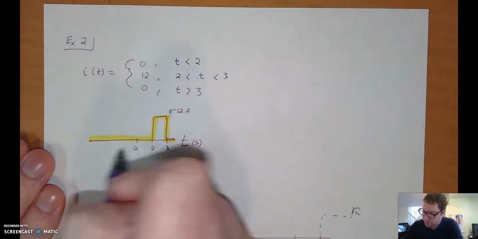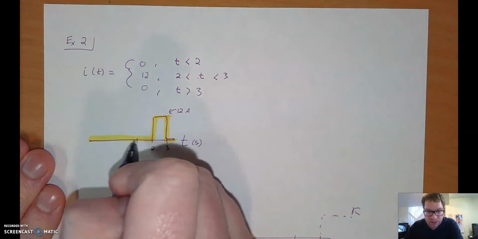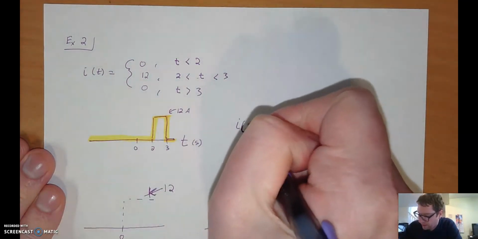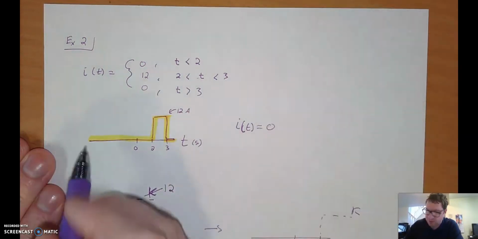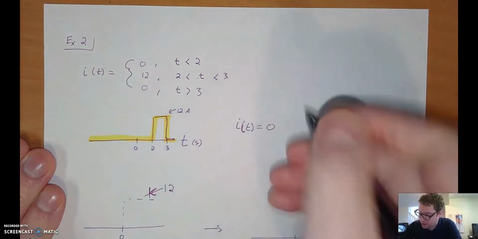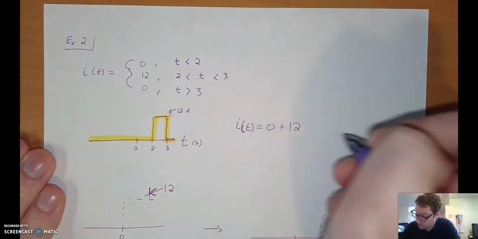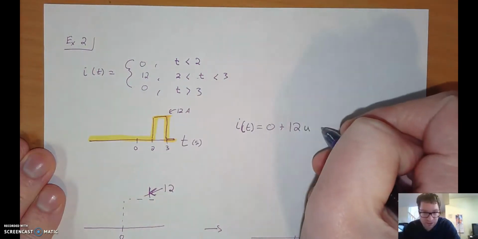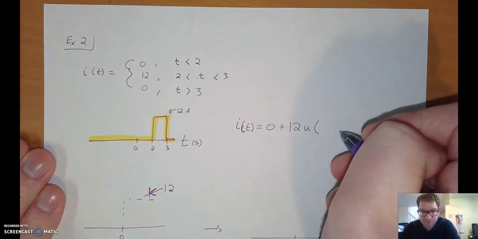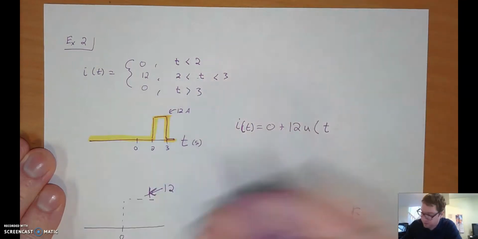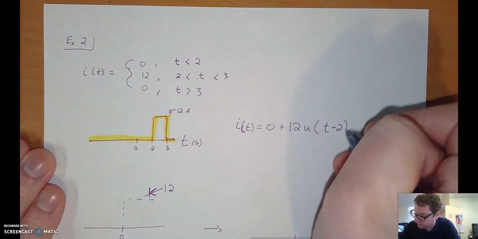So let's go back up and answer our problem. So how do we do this? We start at off. So if you wanted to, you could say that I of t is equal to 0. So we're initially at 0. Then we're going to jump up to 12. We're going to use a step function just to demonstrate that jump. And it's going to be u of t, but now we're going to do u of t minus 2 because it's 2 seconds later.